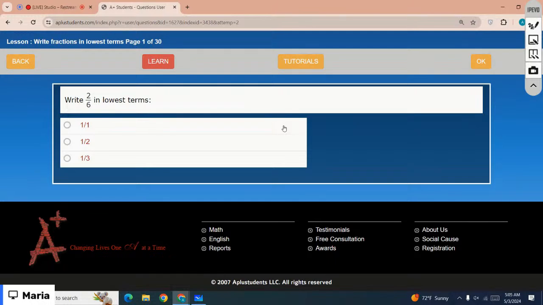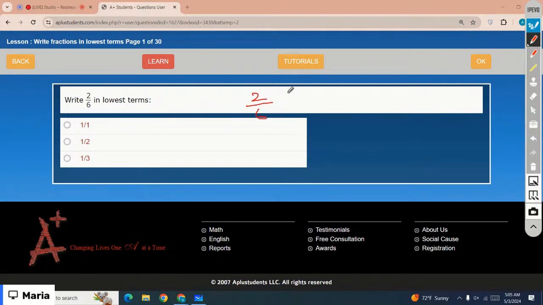So, how do we write 2 by 6 in the lowest form? Divide them by the largest possible number that can divide both.